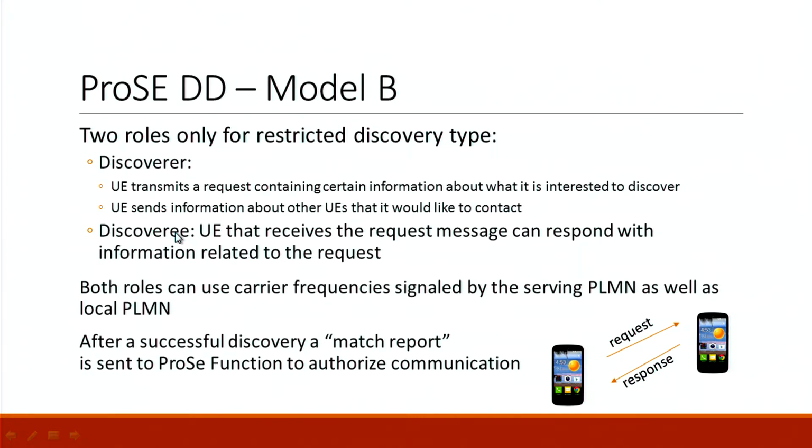They both have to operate in restricted mode and allow the discovery to happen for that specific purpose, whatever application they're using. And the discoverer transmits a request that is no longer I am here, and the other one listens to me and discovers me.